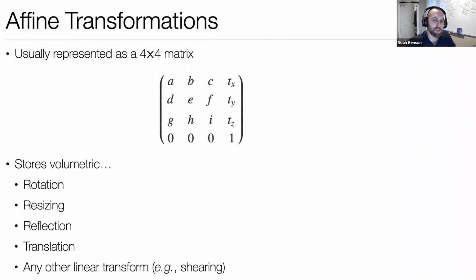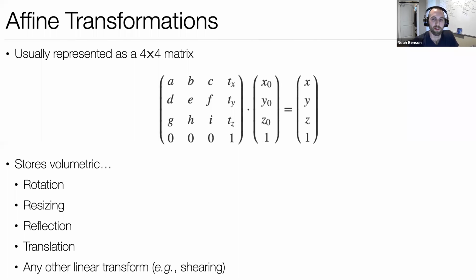I believe you actually talked about affine transformation matrices quite a bit in the NeuroHackademy tutorial, so again, I'm going to go through this very quickly. Affine transformations are usually represented as 4x4 matrices, like shown here. The idea is that you take a set of coordinates, x, y, z, or row, column, slice for a volume, and multiply it by this matrix and get new coordinates on the other side.